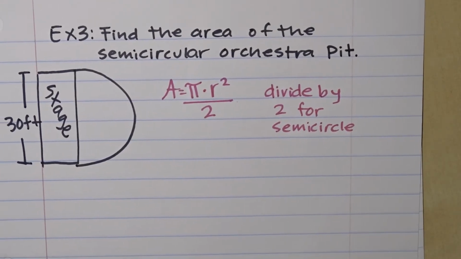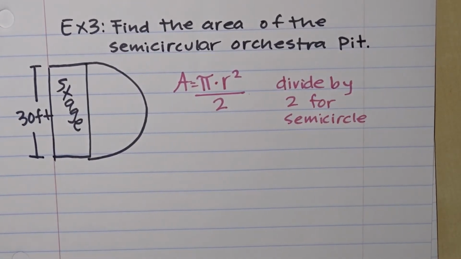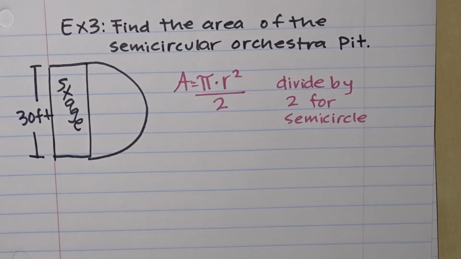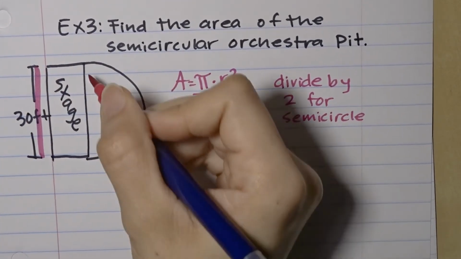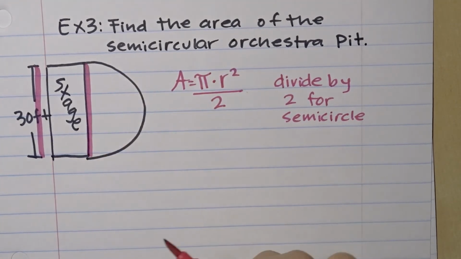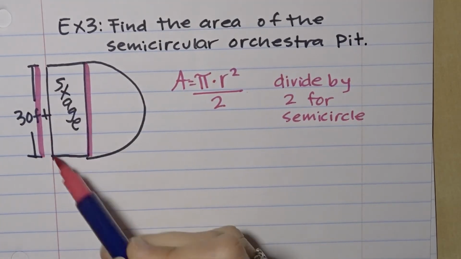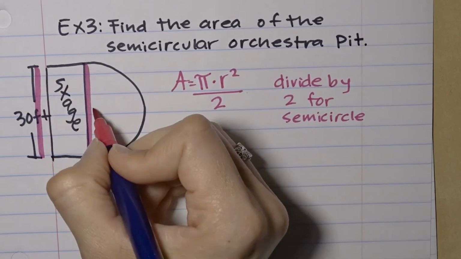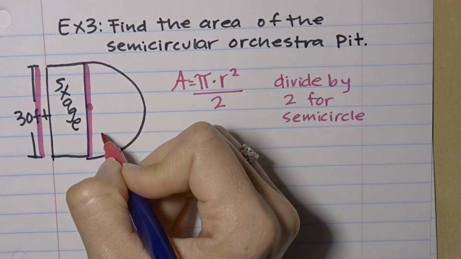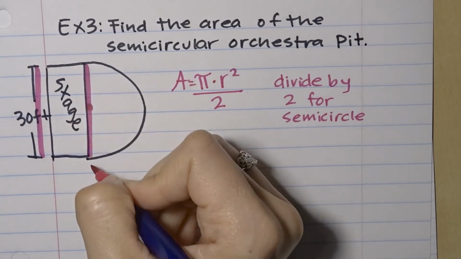Okay, so let's start finding our dimensions so we can get this formula going. If this entire distance is 30, then that means this distance is 30, because the stage is a rectangle, so one side of the rectangle is the same as the other side. And with that, we don't want the entire diameter.